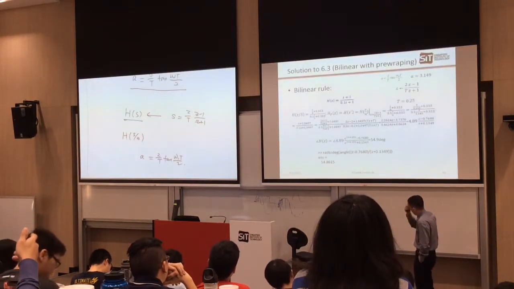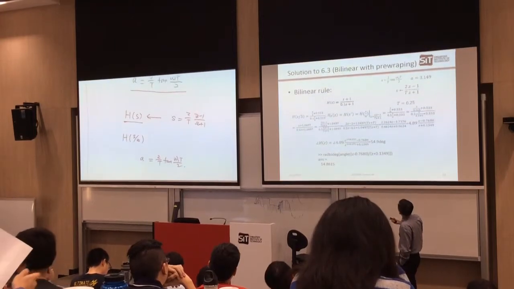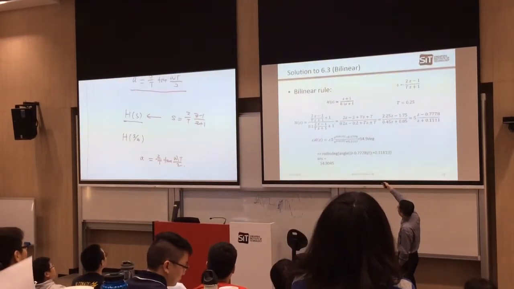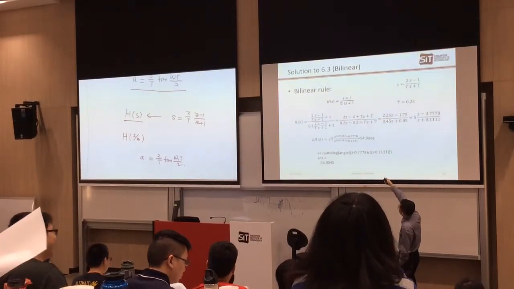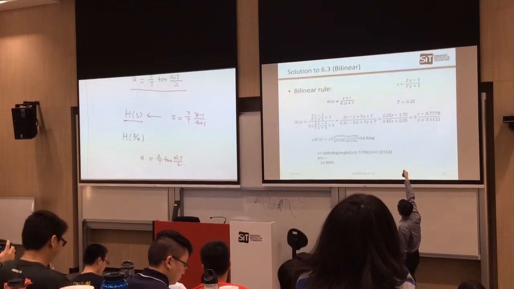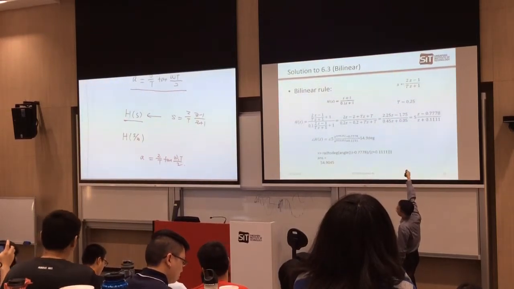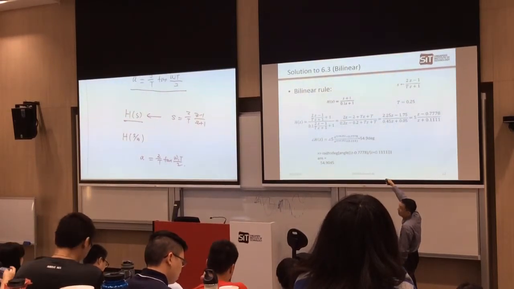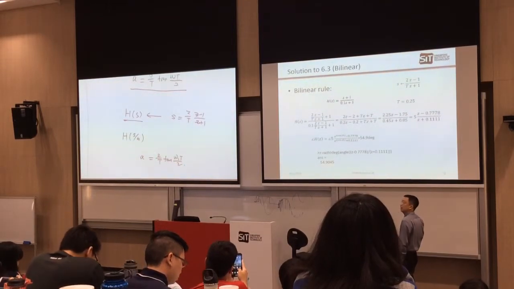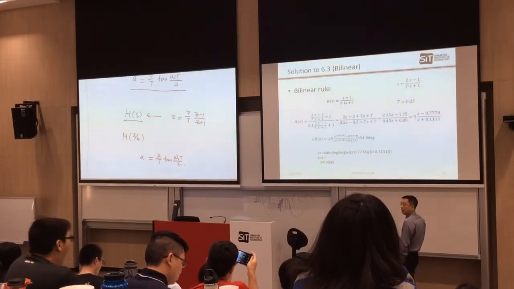So for this one, if we substitute directly without the pre-mapping, this is your substitution. Actually very simple, you just substitute this one in, right? I urge you to do the exercise. If you never try, you will never learn.